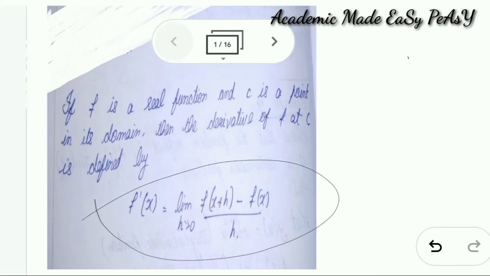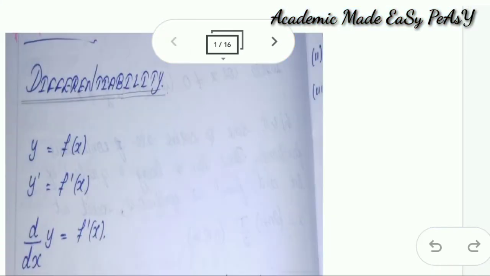Now see differentiability. y is equal to f of x. This we know, this is a function. So what does differentiability mean? Here, y is equal to f of x is the function, and we have to differentiate this function.